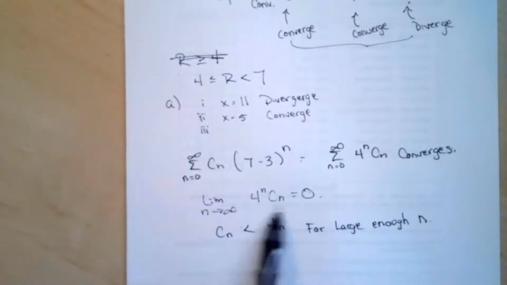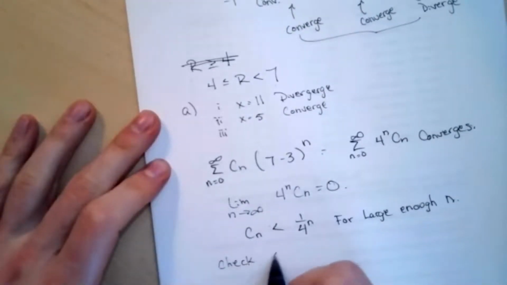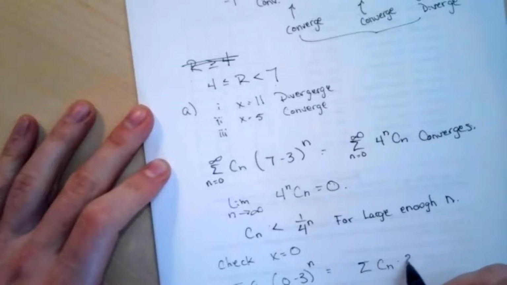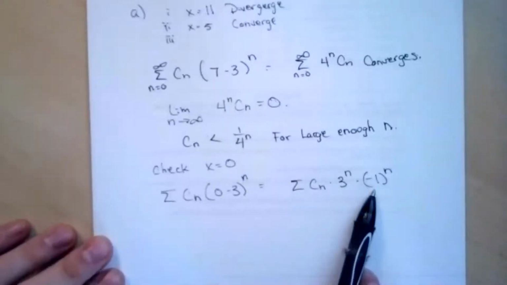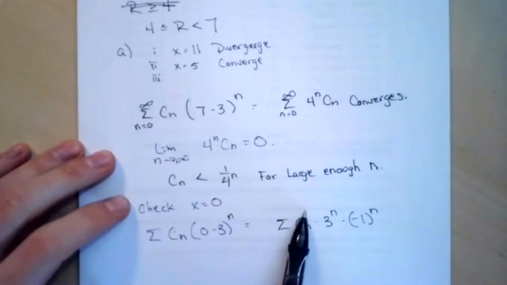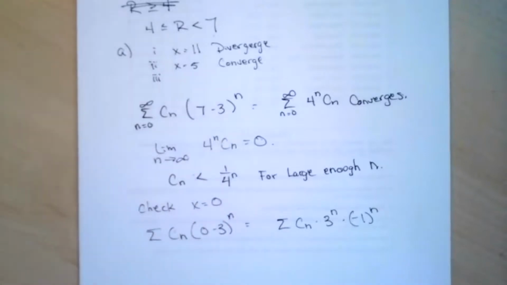So if Cn is less than 1 over 4 to the n, and we want to check something like x equals 0, of course, we got an alternating part in there, but we could even ignore that alternating part because I know that Cn as an order of decay, it's going to decay like 1 over 4 to the n, if not decay even faster.